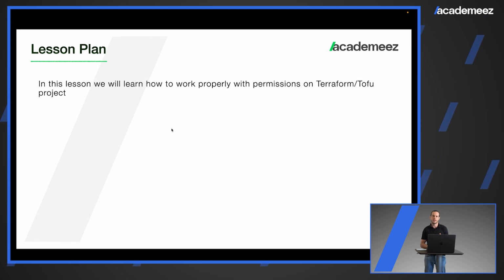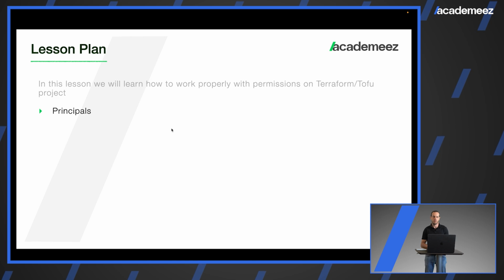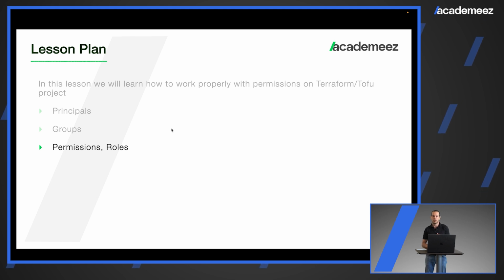This lesson is focused on permissions and how to manage them properly in a Terraform-Tofu project. We'll talk about GCP principals like a user, a group, a service account. We will learn how to place those principals inside groups, and by doing so inherit the permissions of a group. We will talk about permissions and roles and talk about predefined roles. We will talk about impersonation and how we create a short-lived token to impersonate a service account and create a resource on behalf of a service account.